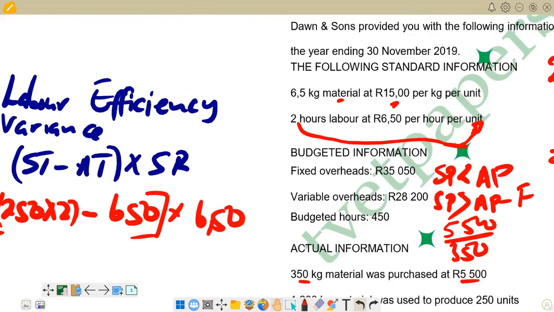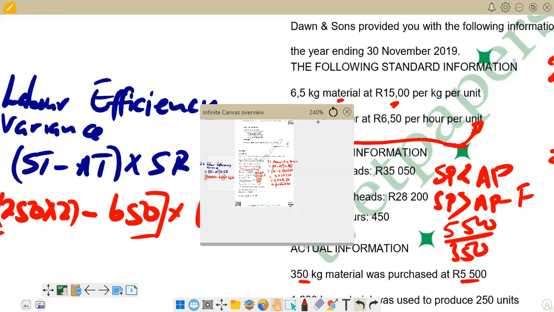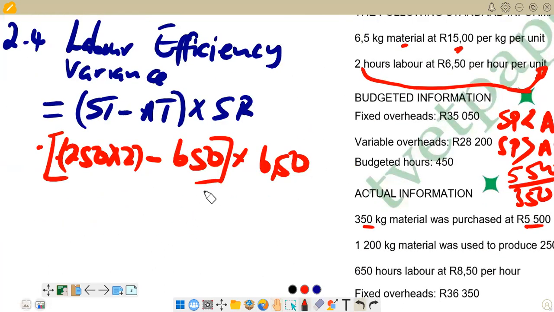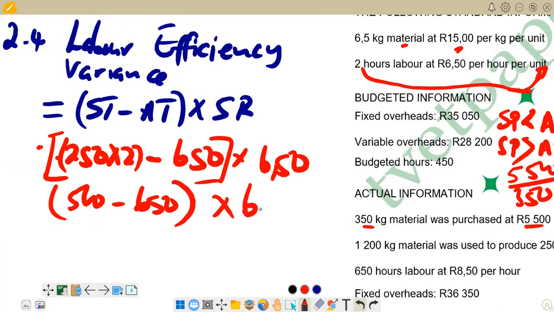Let's calculate using our calculators. 250 times 2, what do we get? Yes, we get 500. So we put 500 here. Then we subtract 650.